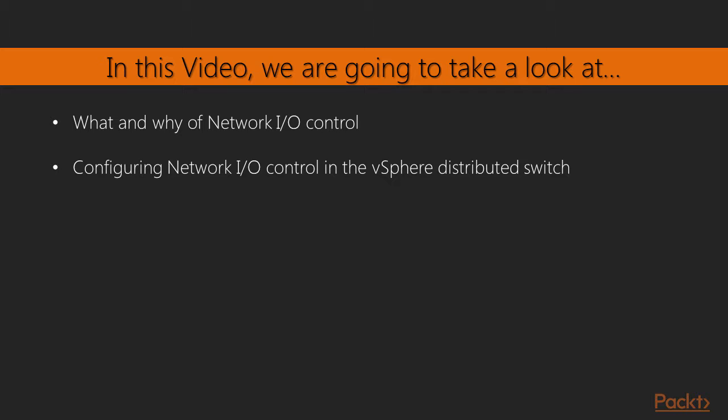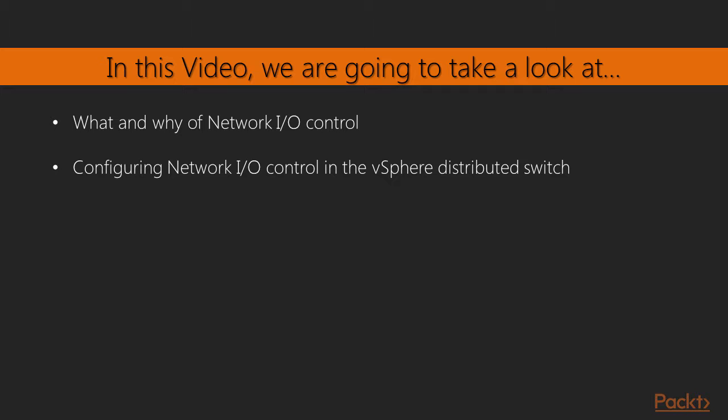So the first step would be to create the resource pools, and then the resource pools would be associated with DV port groups, and then the virtual machines would connect to DV port groups. And basically, when there is contention, that's when the individual limits, shares, and reservations defined for those virtual machines would actually kick in.